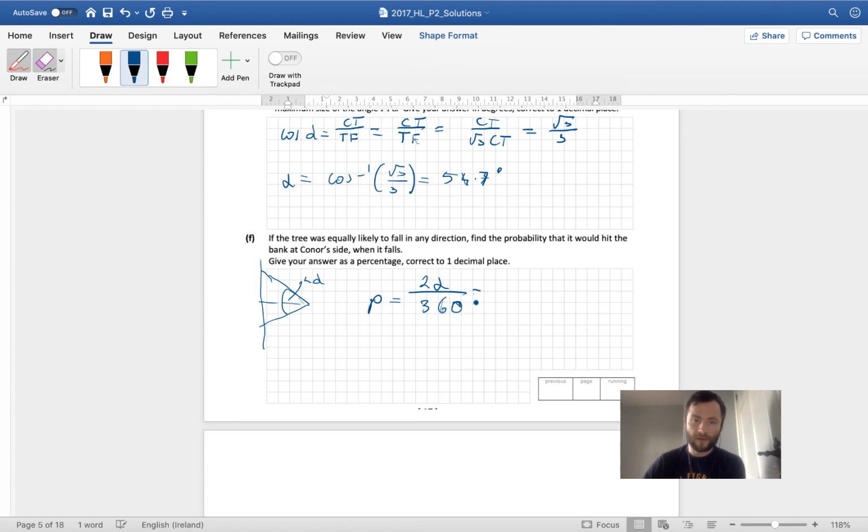So that will be equal to 109.4 divided by 360, and that gives me a quantity of 0.304, which is equal to 0.3 correct to 1 decimal place.